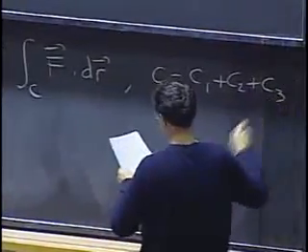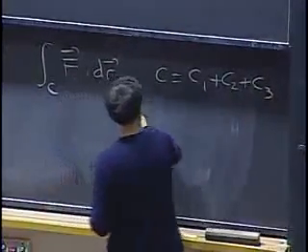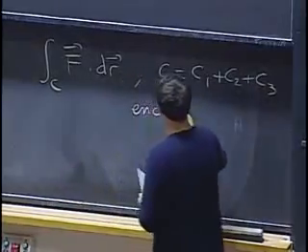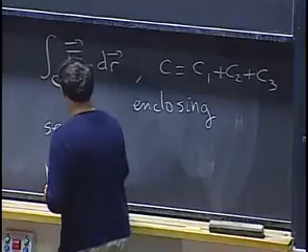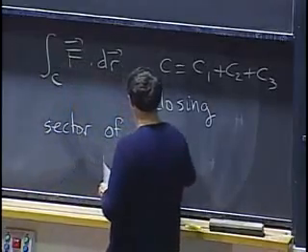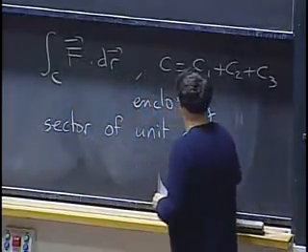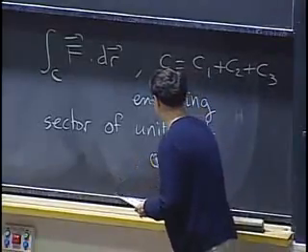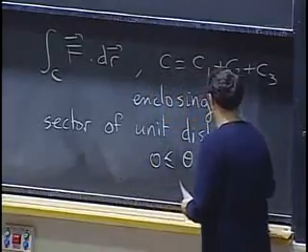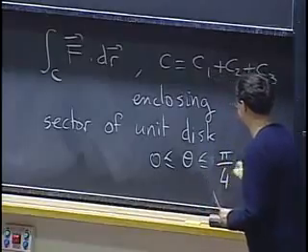So C consists of 3 parts, so that you enclose a sector of a unit disk corresponding to angles between 0 and 45 degrees.